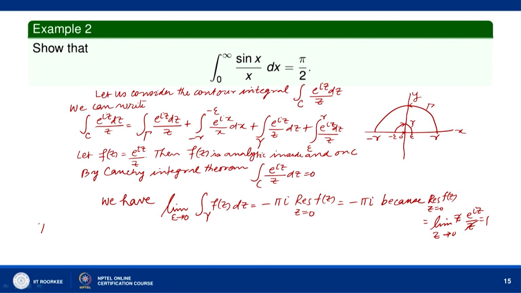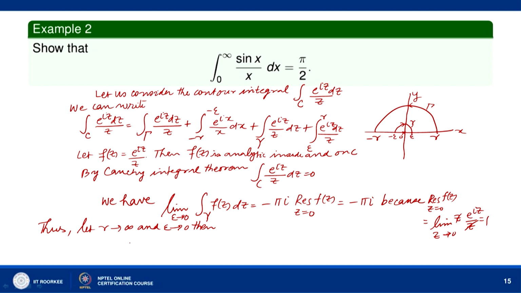Thus, let r go to infinity and epsilon tend to 0. Then what will we get? We shall show that the integral over gamma of e to the power i z dz upon z goes to 0 as r goes to infinity.